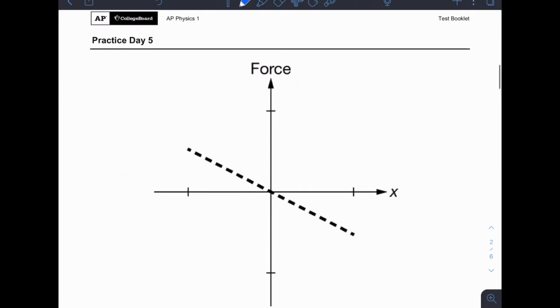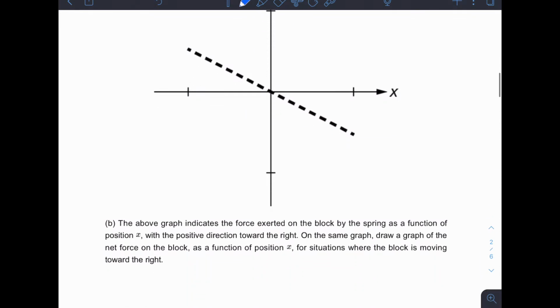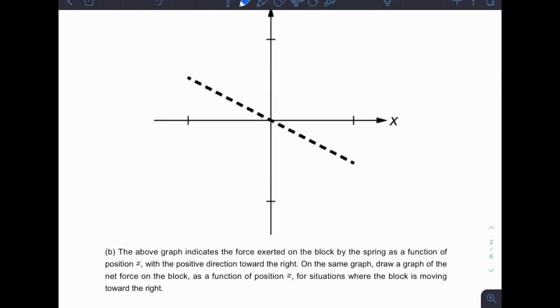Then this is a challenging setup here. So here's a graph that indicates the force exerted on the block by the spring. So this is Hooke's law. And you could use your memory or your equation sheet, which is F equals kx, that tells us that the bigger the displacement x from point 0, the bigger the force that returns it towards that.